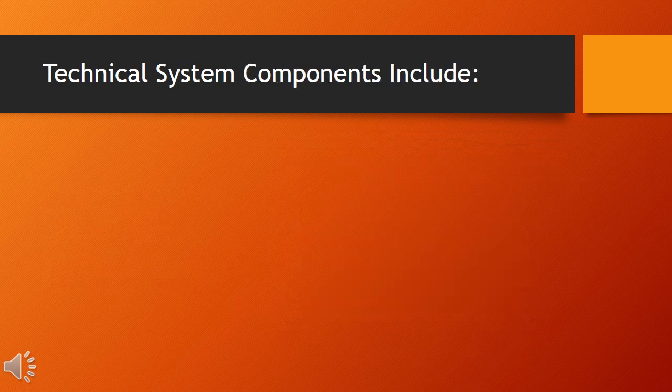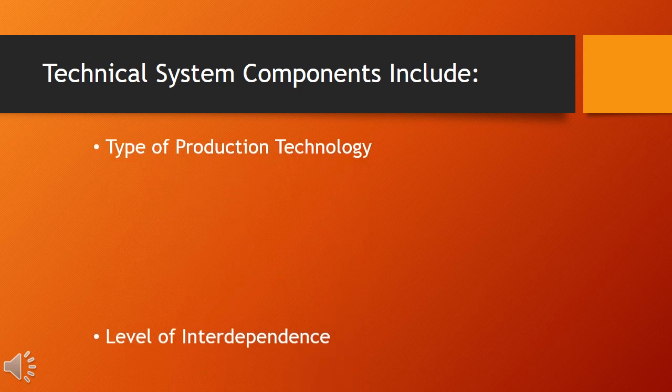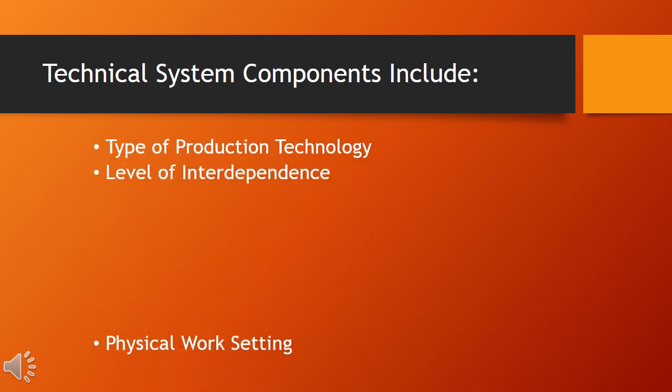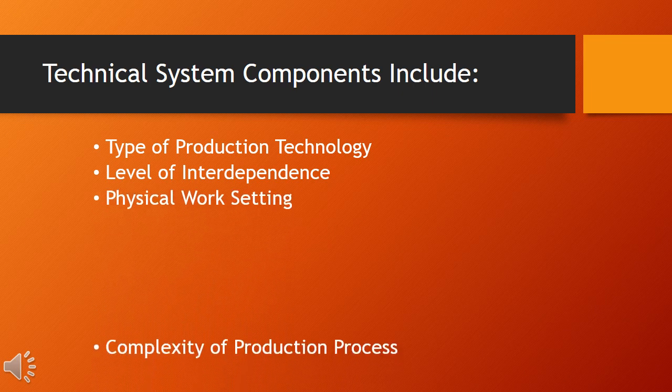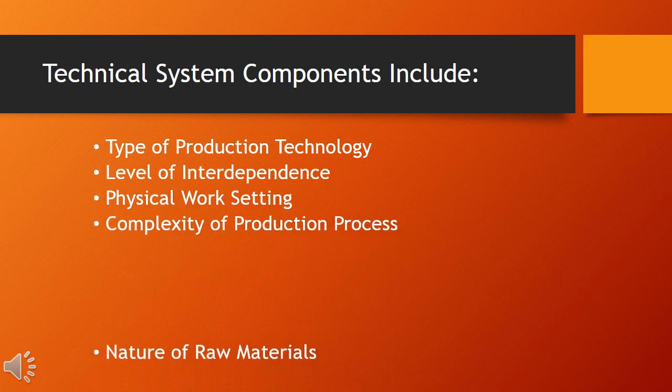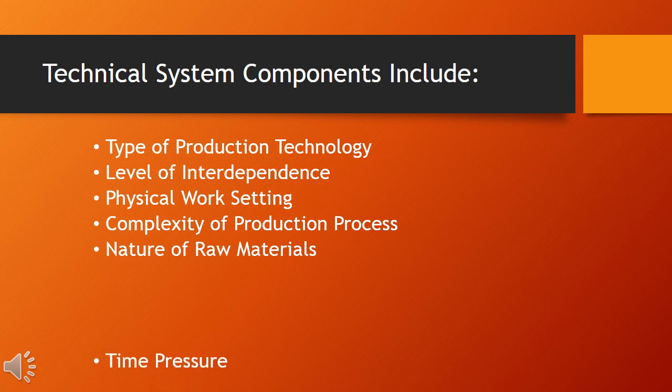Technical system components include the type of production technology, level of interdependence, physical work setting, complexity of the production process, nature of raw materials, and time pressure. Similar to the social system, technical systems deal with everything apart from the human side that is needed in order to produce goods and services.